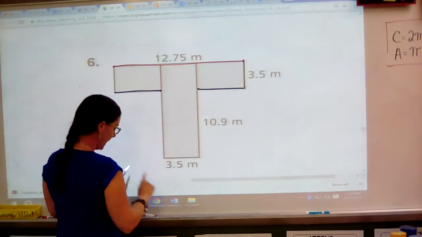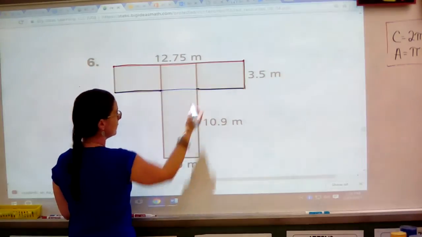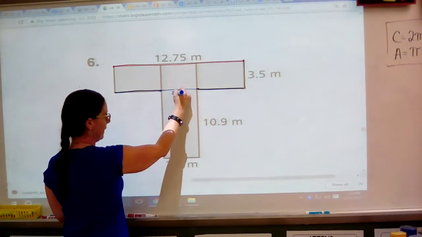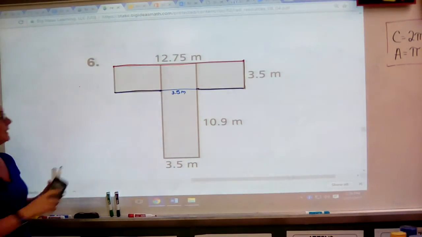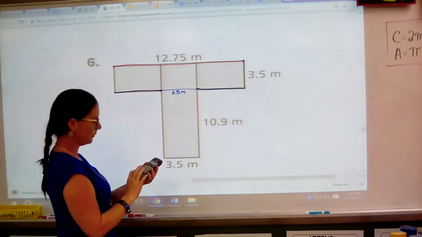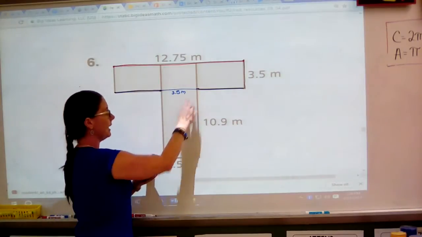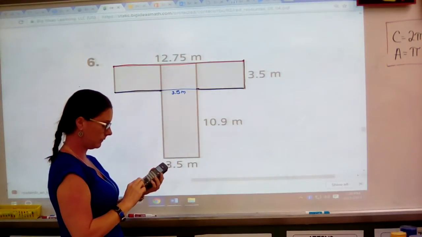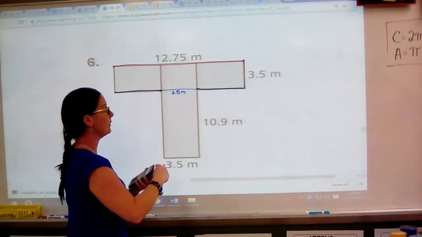And I know that from this point to this point will be 3.5 meters. So I will take my red, the entire distance across, which is my 12.75, and I'm going to subtract out this blue part. And that's going to give me 9.25.